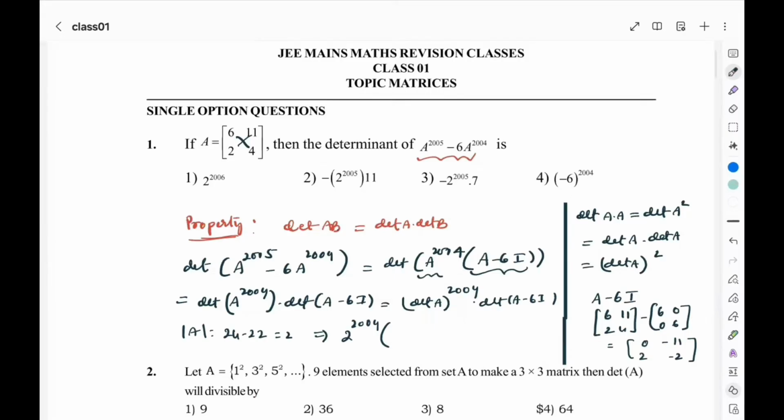Its determinant will be 0 minus, how much? Minus of 22. You get 22 into 2 power 2004, or 2 into 2 power 2005 into 11.